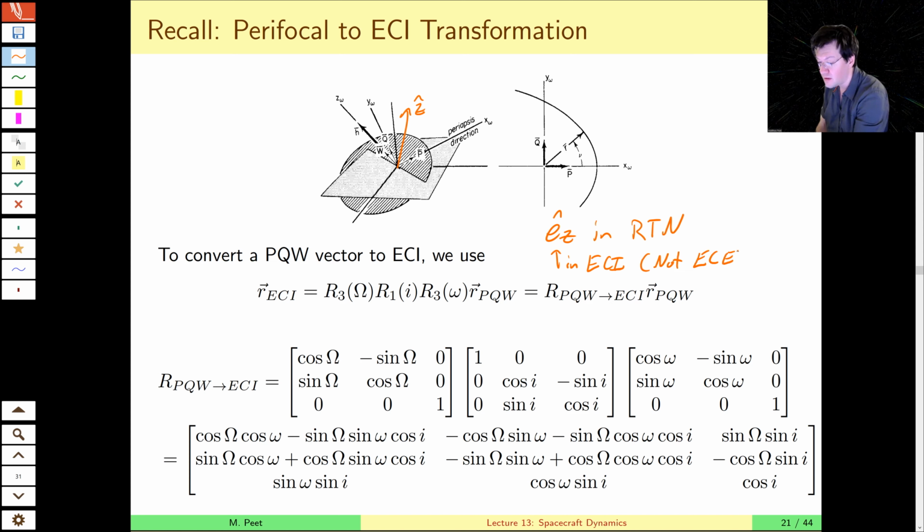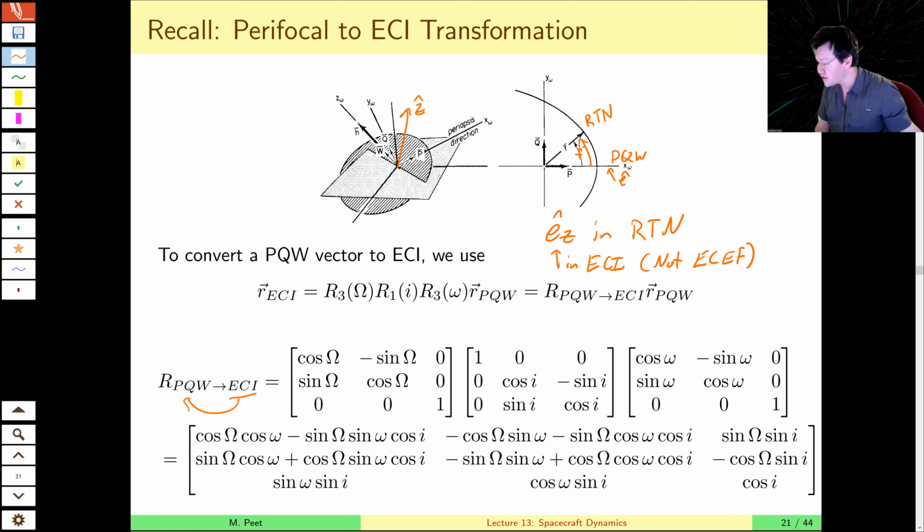And so we actually already have the rotation matrices from ECI to PQW, and PQW points to the perifocus, and then we just add an additional rotation to get from perifocus to the actual RTN. So this is PQW. That's the perifocus, and we need one more rotation through F to get to the RTN.